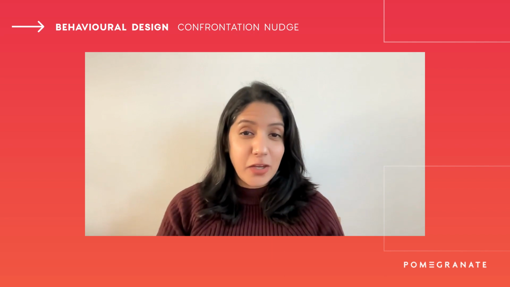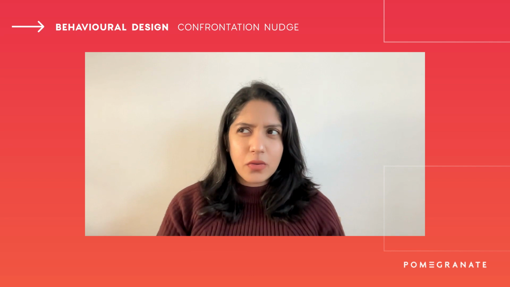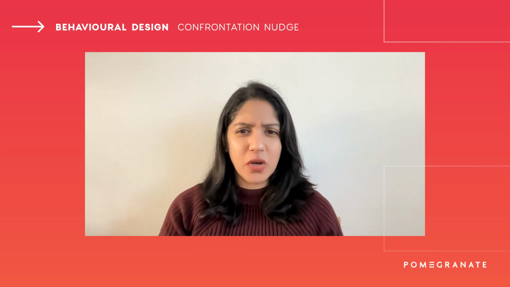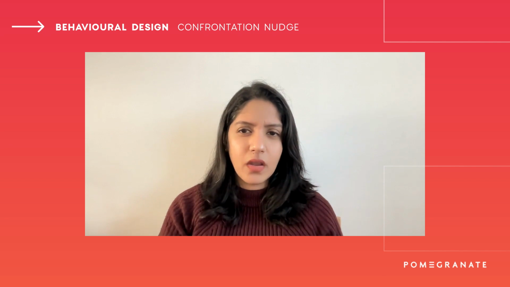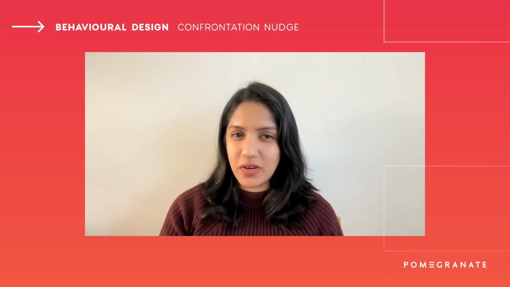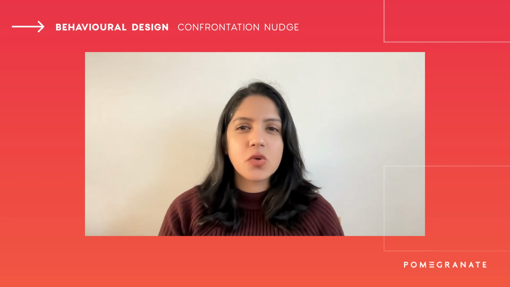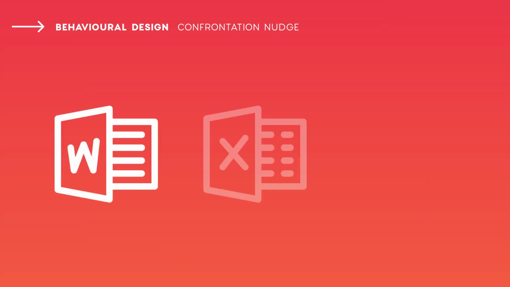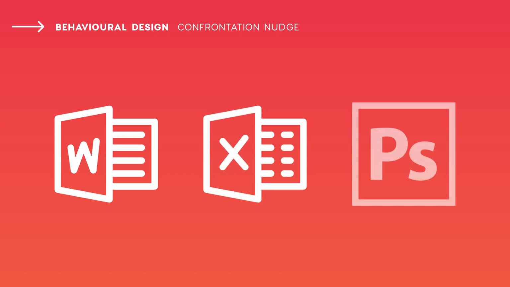It is effective in getting you to reconsider whether you actually want to discard your post. Although the jury is still out on whether this is a beneficial nudge or not. Other examples of this type of nudge we may have come across is when you close a file on any type of software like Word or Excel or Photoshop, and it asks you if you're sure you want to close the file before saving.